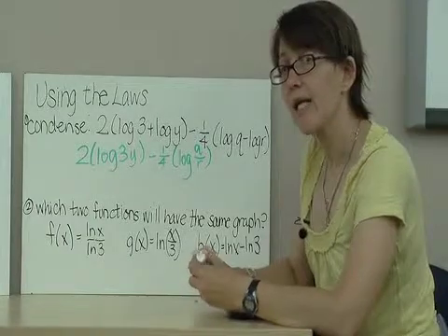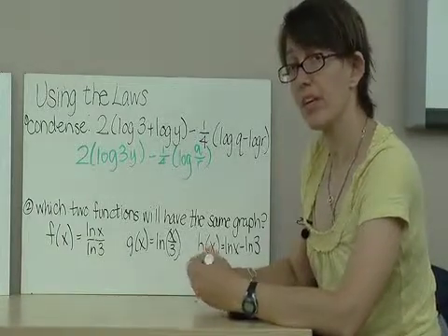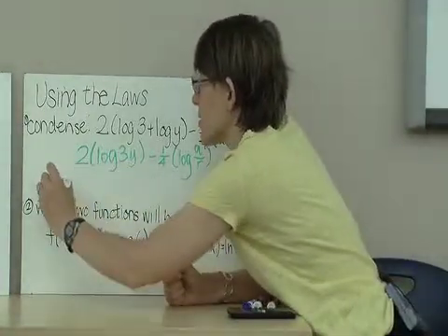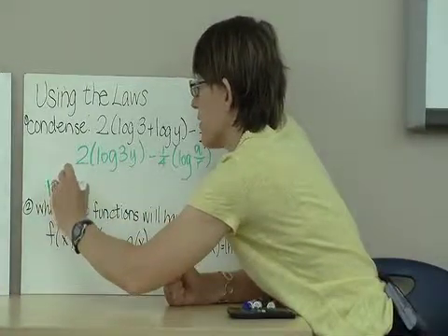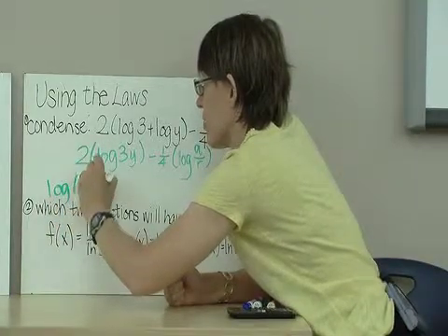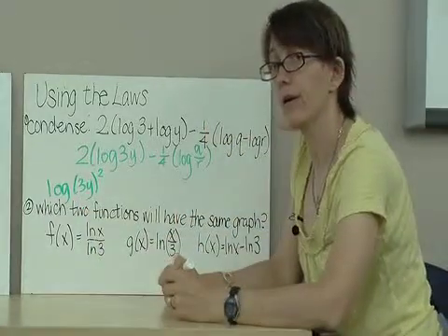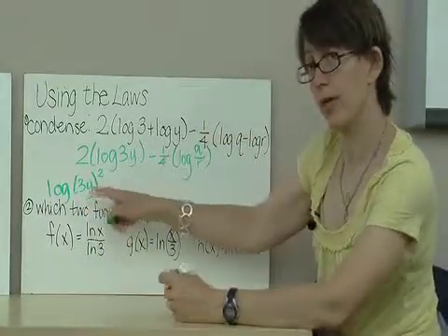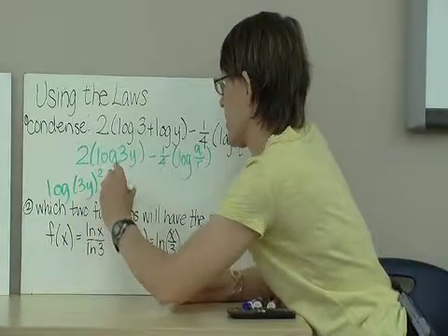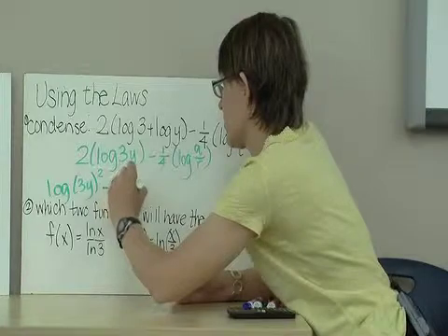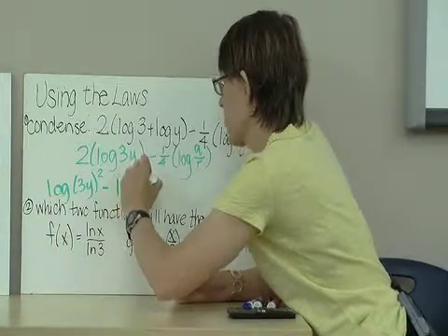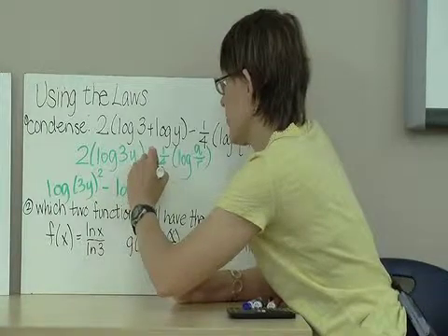Then I'll apply the power property of logarithms to get my first expression, log 3y squared. Okay, these are both being raised to the second power, minus log q over r to the 1/4 power.